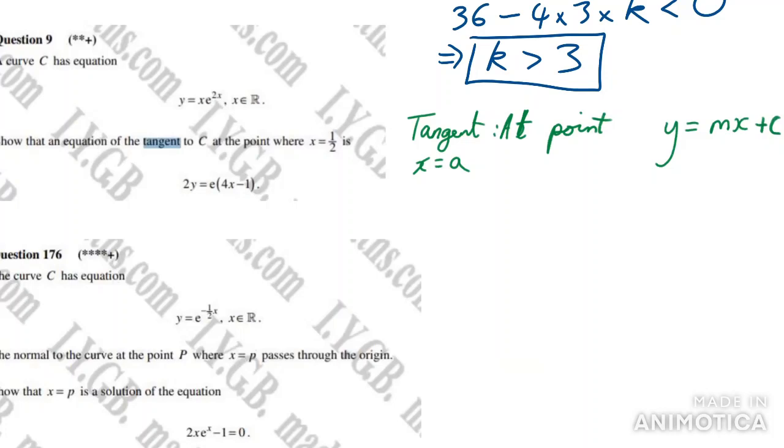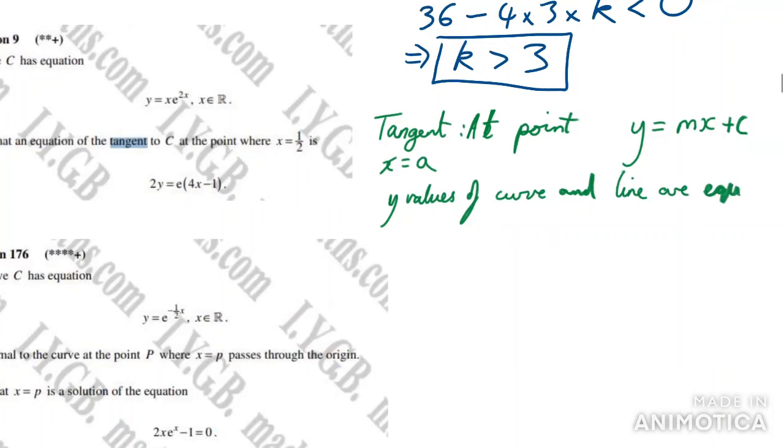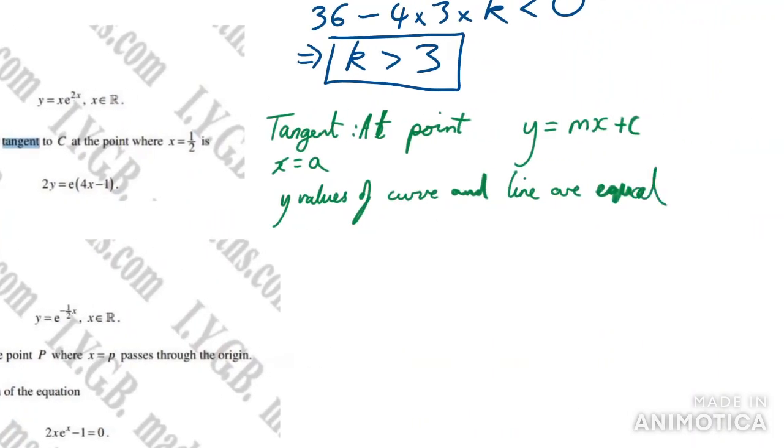And we know at point x equals a, two things must be true. We know that the y values of curve and line are equal because they're touching at that point. And we also know y dash values of curve and line are equal at that point.